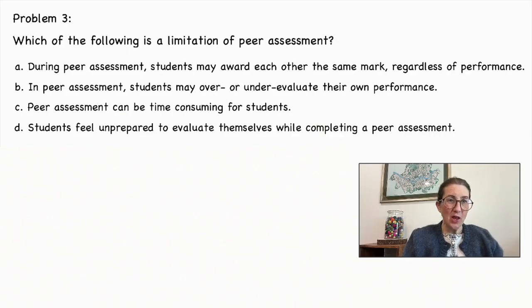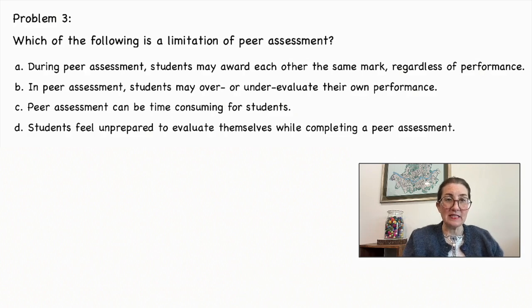Problem number 3. Which of the following is a limitation of peer assessment? During peer assessment, students may award each other the same mark regardless of performance. In peer assessment, students may over or under evaluate their own performance.